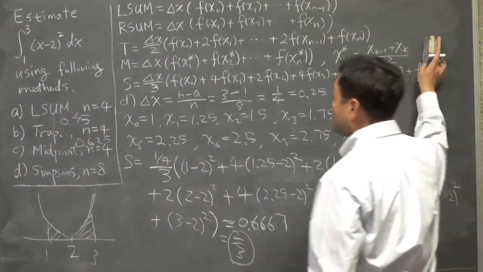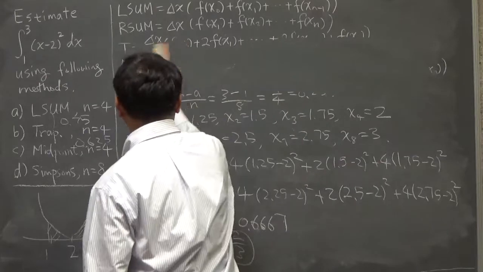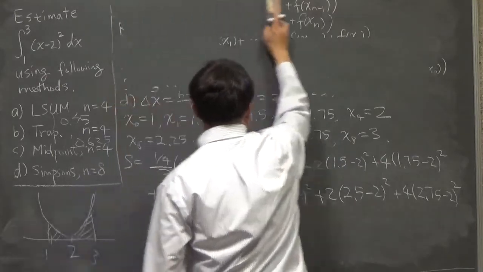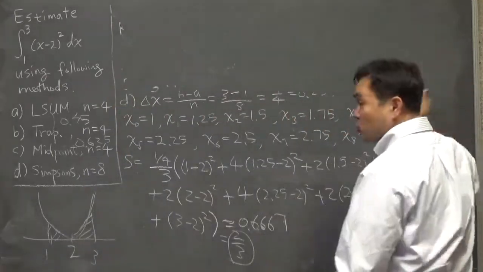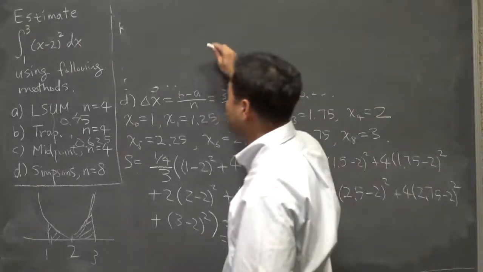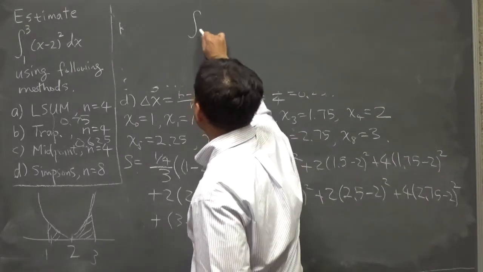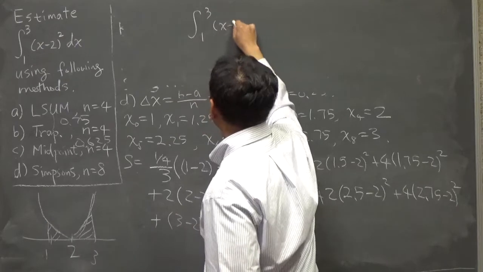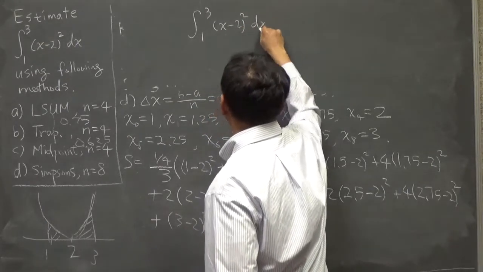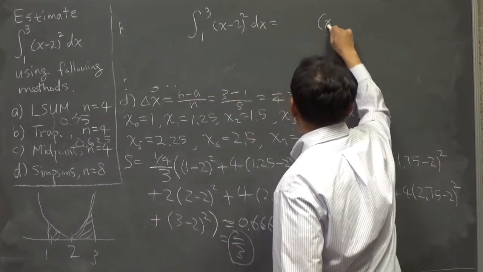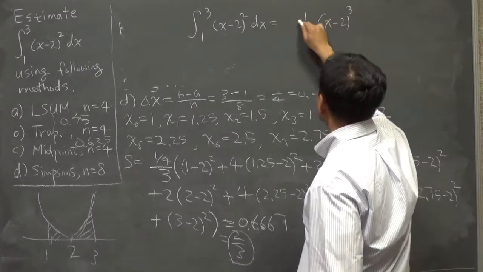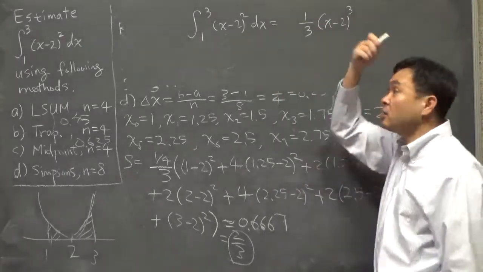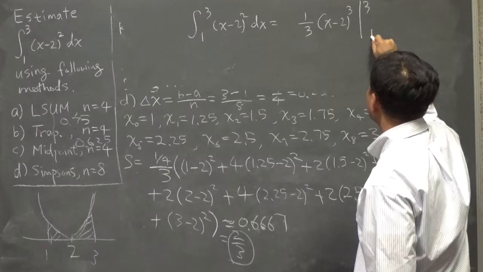So instead of finding the approximate value, how would you find the actual value? Well, we can use the fundamental theorem of calculus, right? You can use the integral from 1 through 3 of x minus 2 squared dx, whose integral is you add 1 to the exponent, put the reciprocal in front, and you plug in 3 and 1.